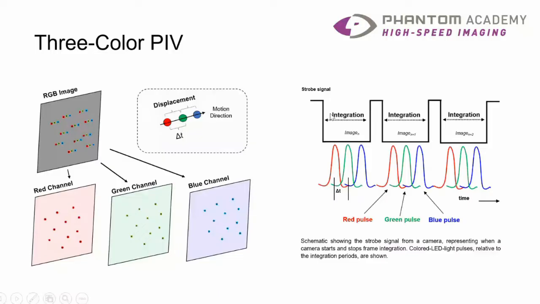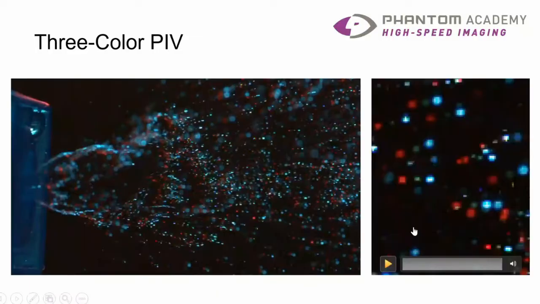Those are temporally delayed within the integration period of a frame. So you can separate out the different color channels, and they're essentially different temporal locations for each frame. So you can do really neat particle image velocimetry on this data.